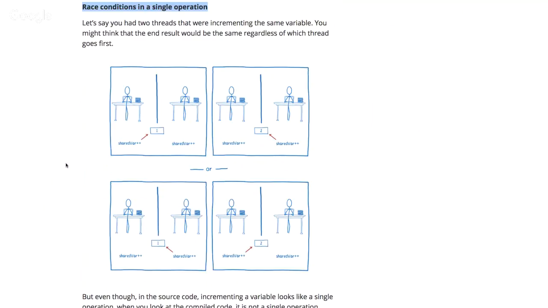You might think that the end result would be the same regardless of which thread goes first. So here is an example. There is a shared variable. Both of them are incrementing it. In most cases, if both of them are doing a simple increment, it shouldn't matter much which one goes first.